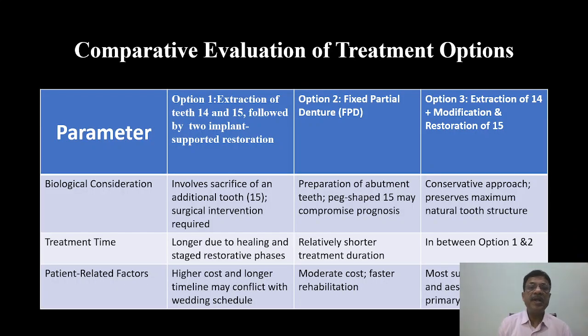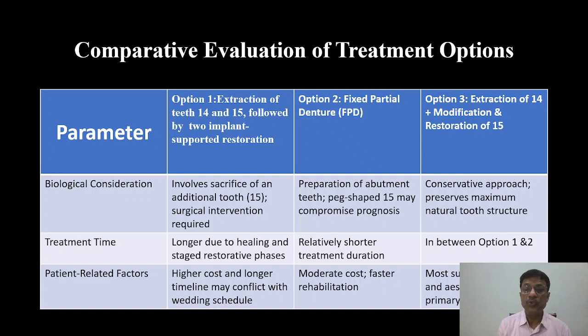So what is the comparative evaluation of the various treatment options that we just discussed? In treatment option 1, where we extract 14 and 15, the main thing is that we sacrifice 15, the cost will also increase, and the time for the total treatment to complete will also be more.